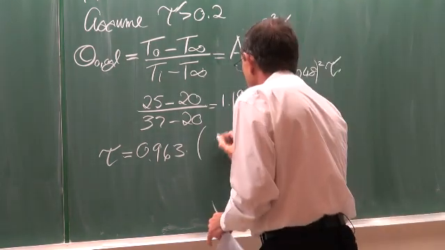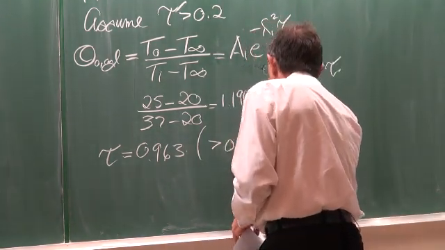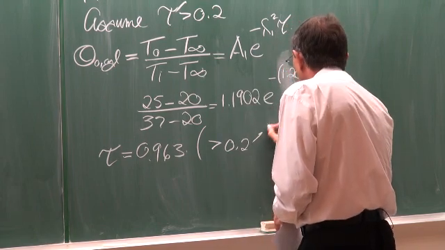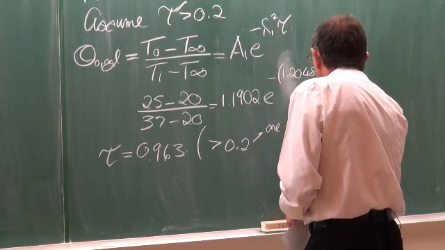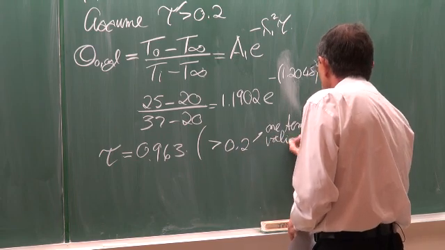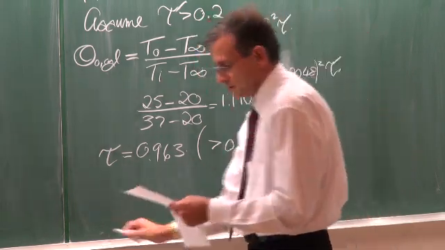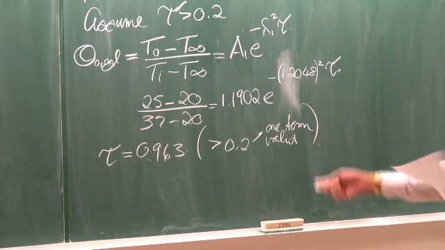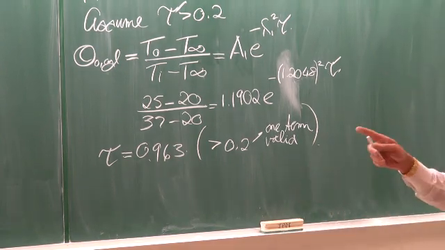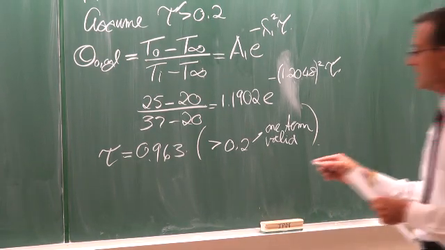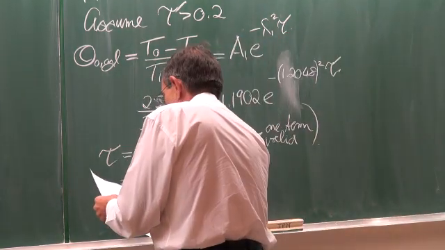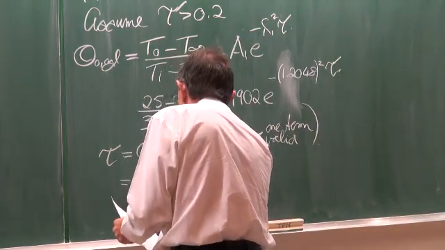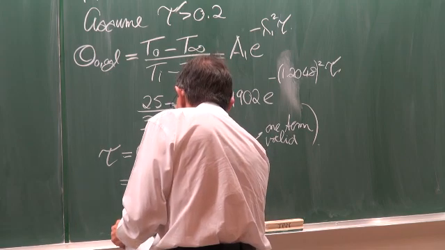Fortunately, it is larger than 0.2, so I can say the one-term approximation is valid. I can use the one-term approximation. And tau, which is equal to 0.963, is also equal to alpha t divided by R0 squared.